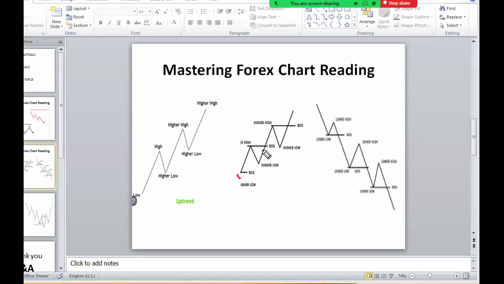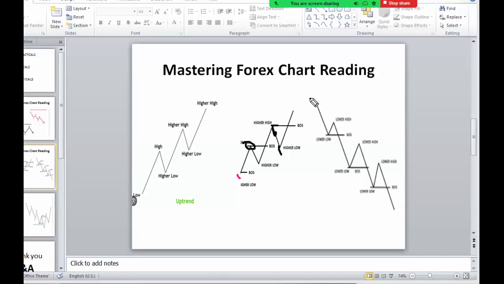Sometimes it gets to where it broke the structure before. Sometimes it might come a bit deeper, sometimes it might just be a shallow one, and then it will break that structure again. So it continues like that: break of structure, higher lows, break of structure, higher lows again, break of structure.